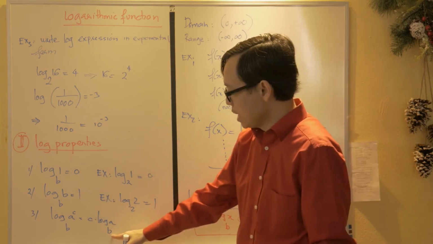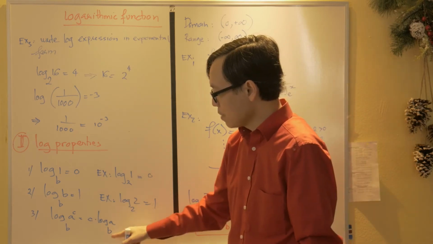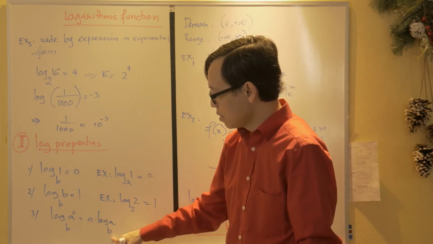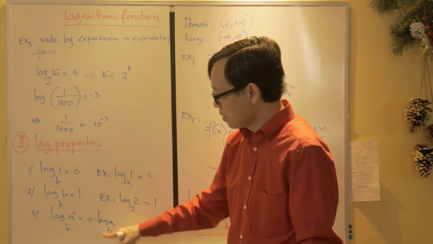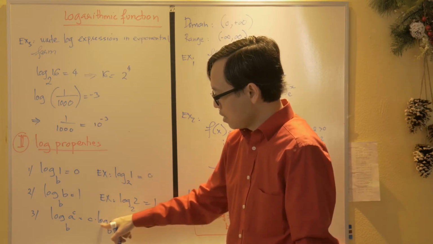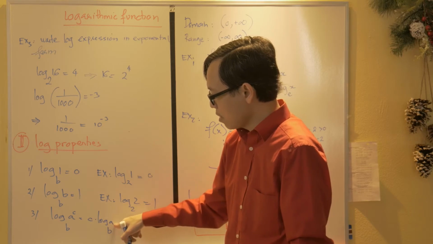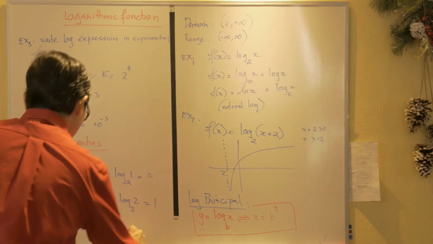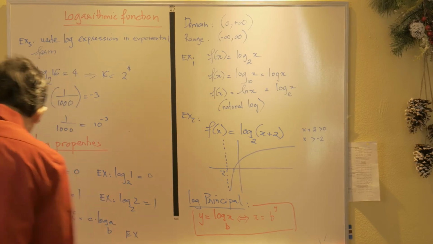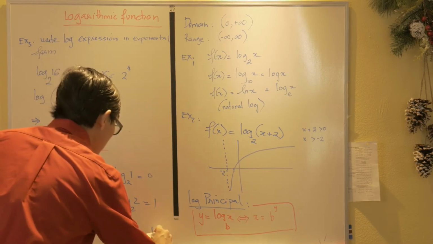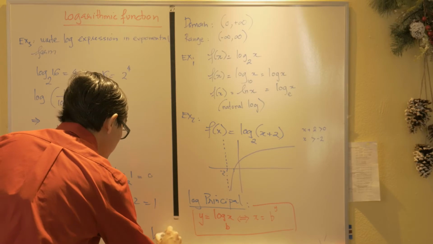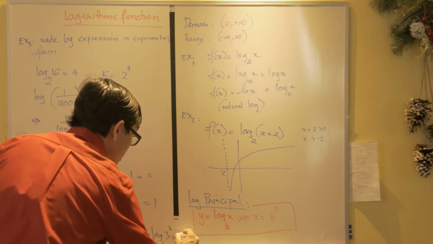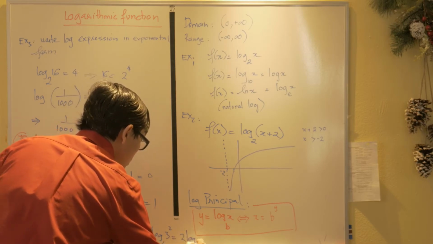The base is a subscript, so I lower them. Example, log base 4 of 3 squared is the same as 2 log base 4 of 3.